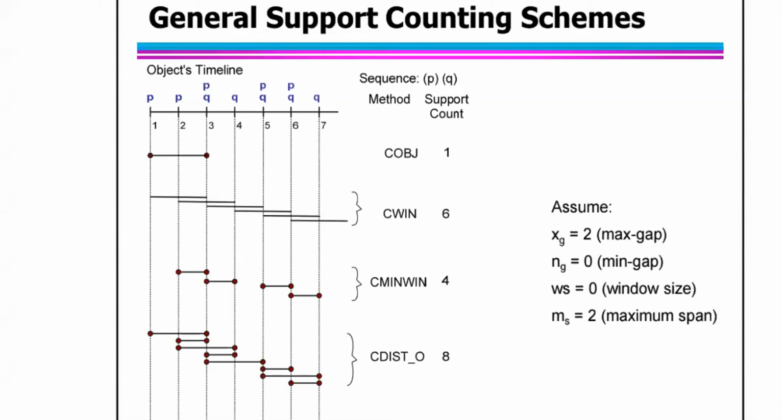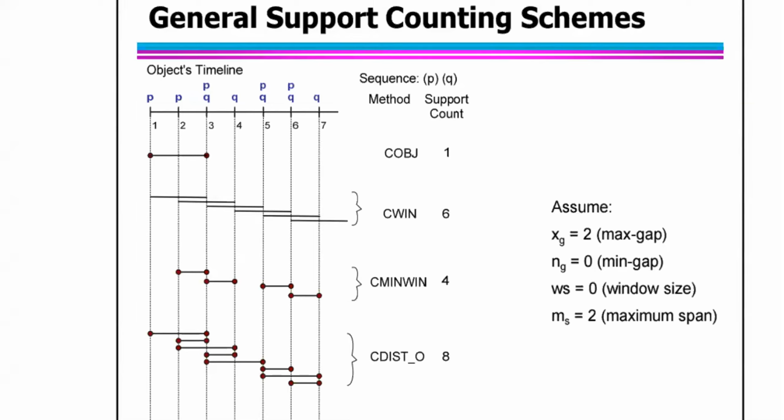See here, one occurrence per object. This method looks for at least one occurrence of a given sequence in the object's timeline. The diagram shows that even though the sequence PQ appears several times in the object's timeline, it is counted only once, with P occurring at T equal to 1.